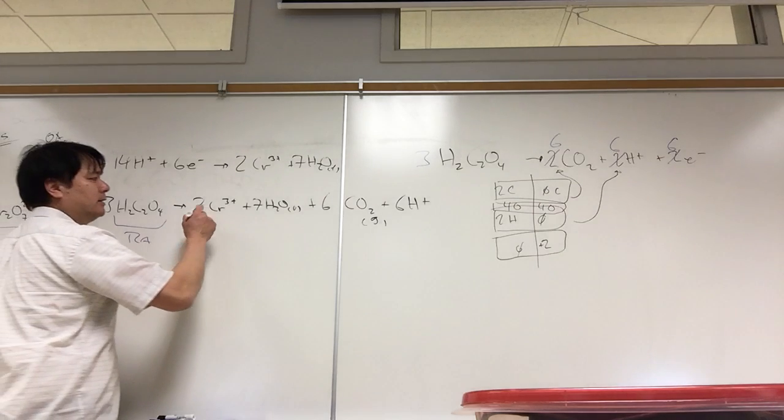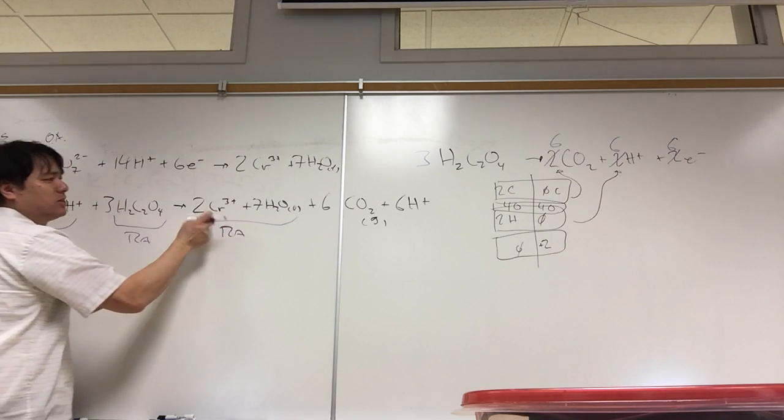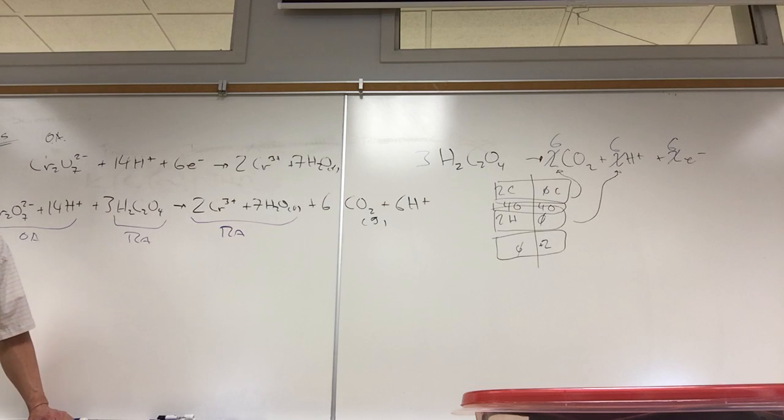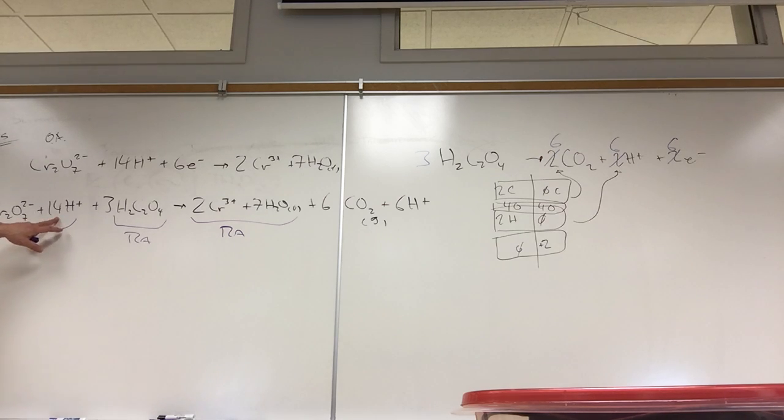Chromium 3 and what? And water. Actually, it really is just chromium 3, but we need the water there, otherwise, well, sometimes it's okay if it's missing, but certain things like this H plus, if it's missing, then this doesn't work very well.